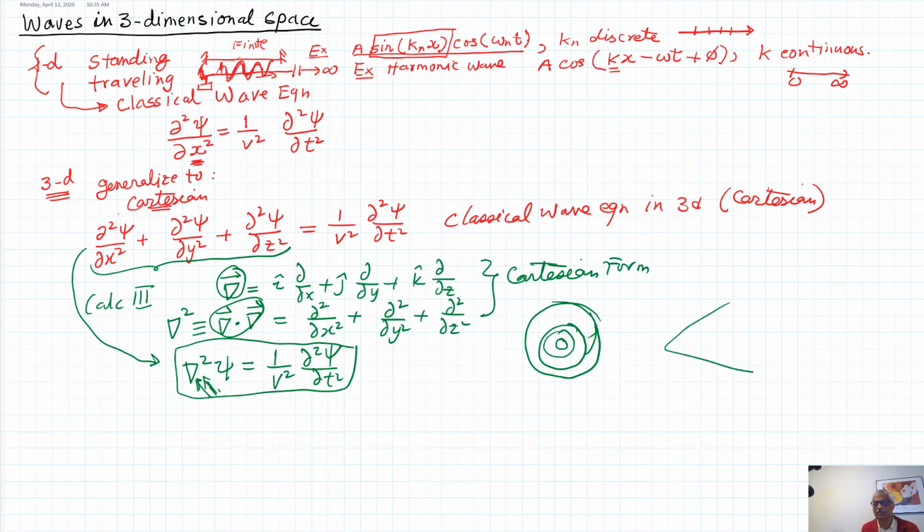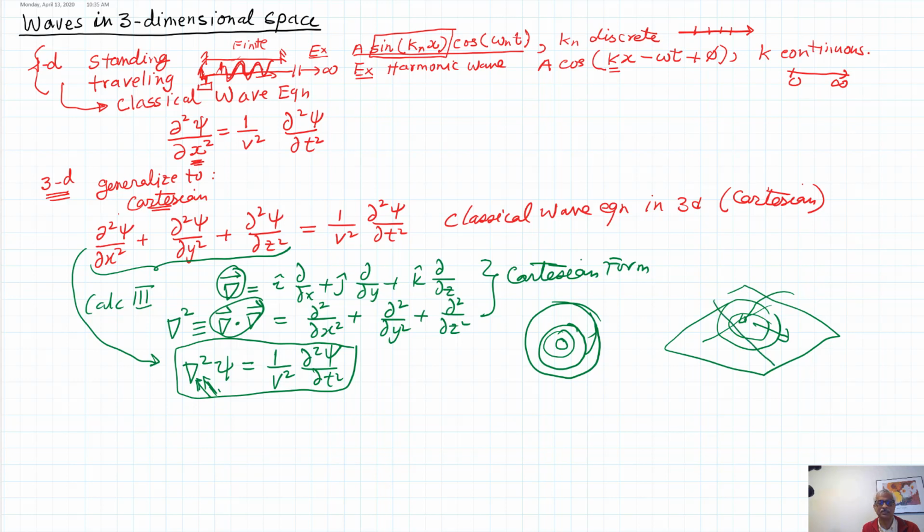So here is a pond, for instance, and you drop a stone, and you might have seen the ripples go out like that. Well, there you would want not 3 dimensions, but you may want to do polar coordinates, right?